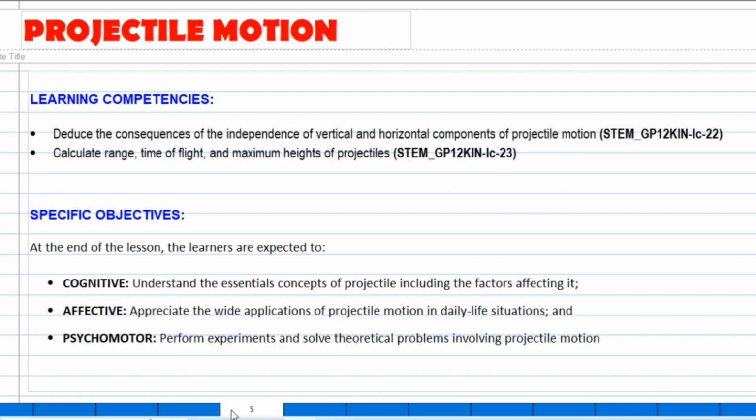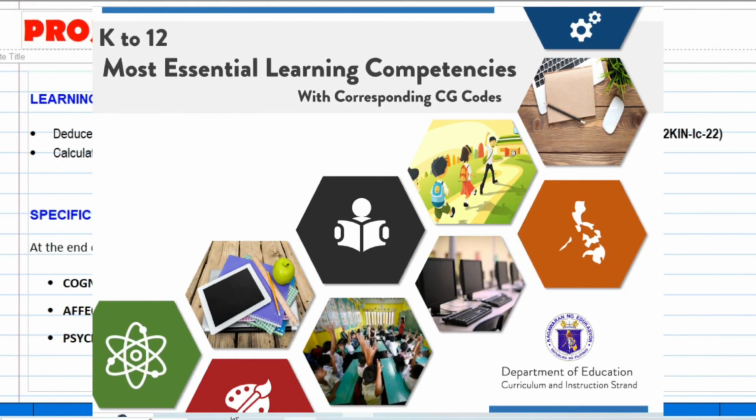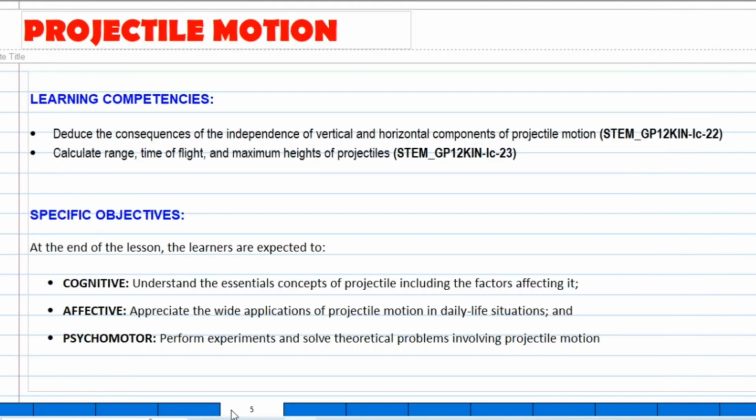Alright. So, in studying projectile motion, we are guided by the following learning competencies. Galing po ito sa curriculum guide from DepEd. Number 1, we have to deduce the consequences of the independence of vertical and horizontal components of projectile motion. And second one, calculate range, time of flight, and the maximum heights of projectiles.